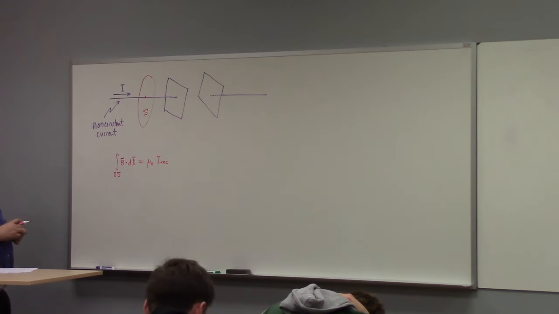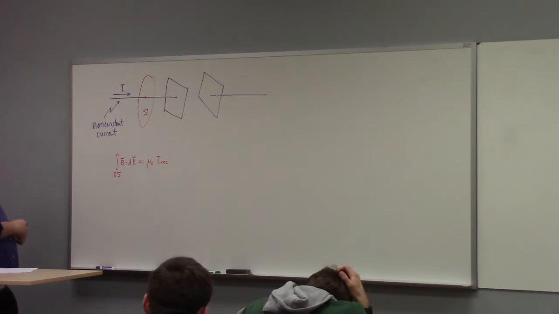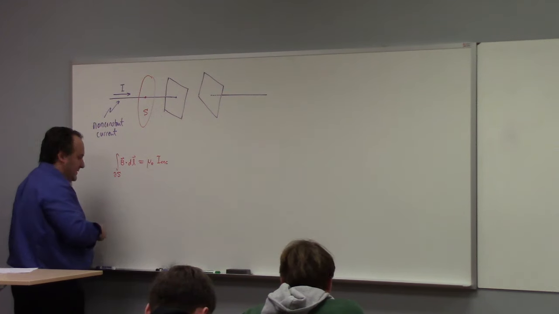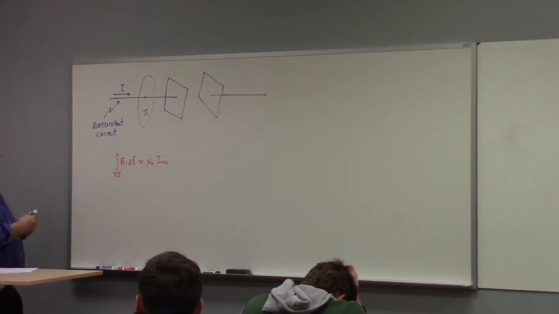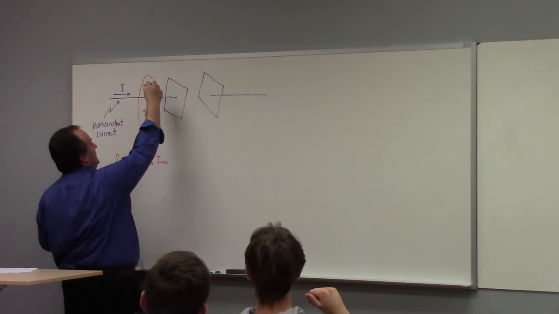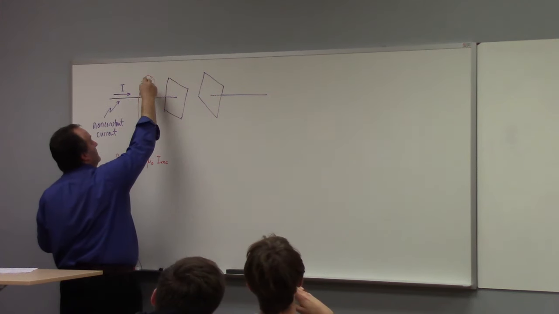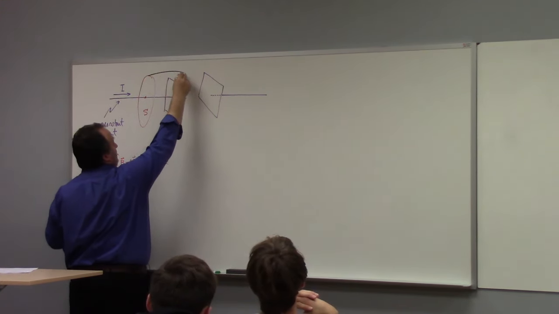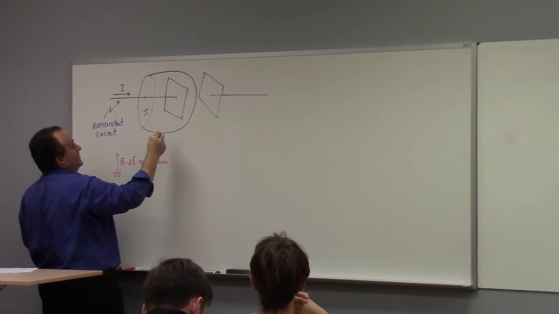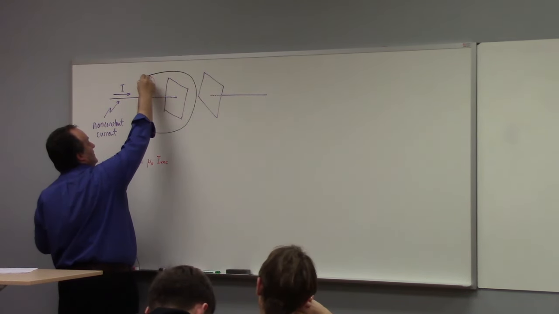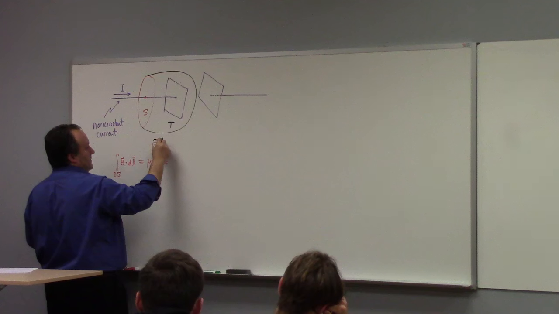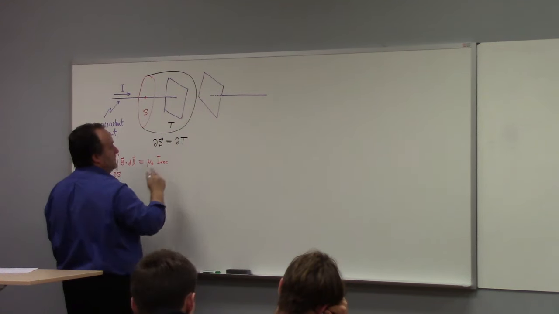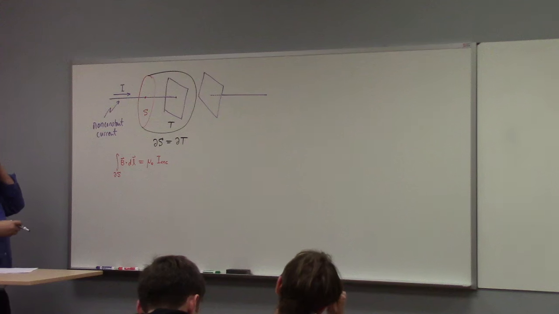But the thing is, in this situation, I could imagine, instead of doing it like that, what if I was to, I don't know, bubble this out like this, right? So notice that, let me call this thing T. So here, the boundary of S is common to the boundary of T, right?